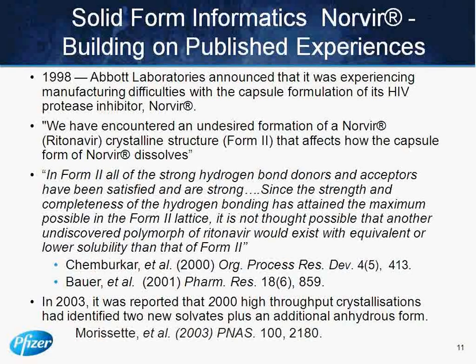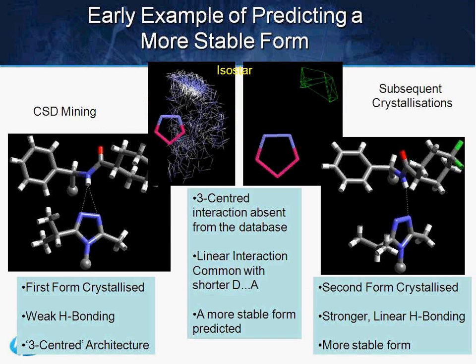And if you go to the next slide, what you'll see is a very early example of some work that we did within Pfizer, looking at a candidate as it was emerging from discovery. What we looked at was, from the crystal structure, we started to look at the hydrogen bonding motif. We asked, is that a likely hydrogen bonding motif?